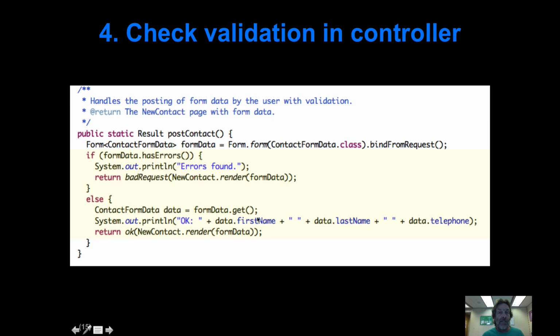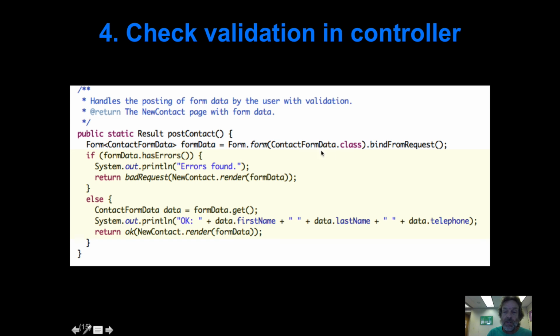One big caveat or thing to note about this, warning, danger Will Robinson, is that you cannot call formData.get when you have a validation method that was called and found errors. Okay, so this is going to lead to a runtime exception if it's invoked when there are errors. That's why you have to have this if then else.